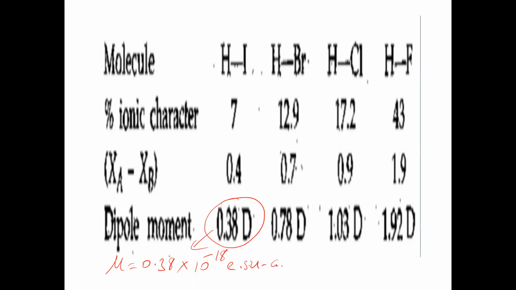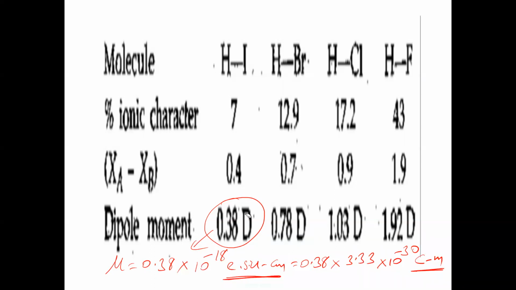Is that clear? The same thing in coulomb meters: 0.38 into 3.33 into 10 power minus 30 coulomb meters. So we can write it in the MKS system or in the CGS system.